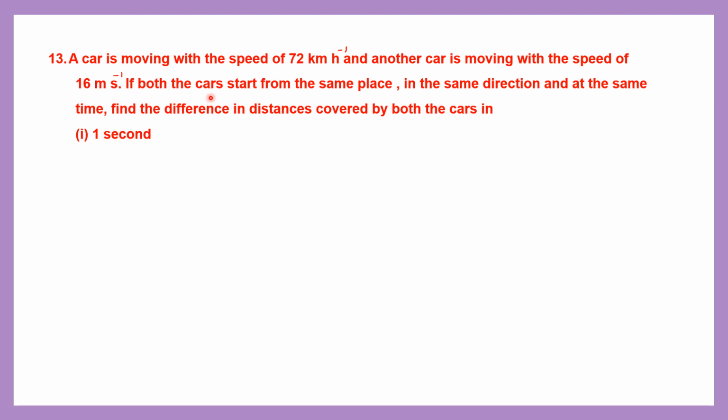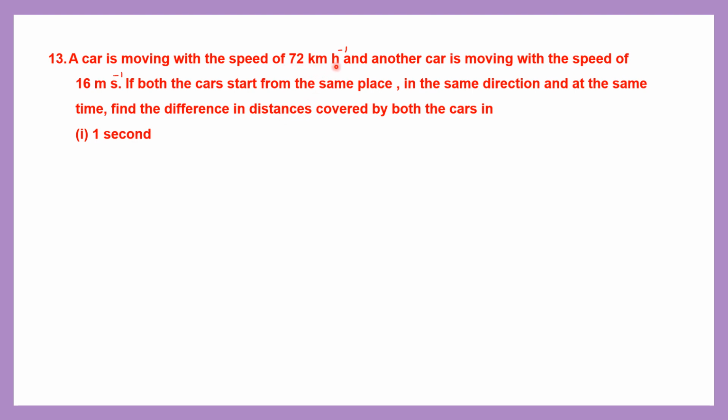If both the cars start from the same place, in the same direction and at the same time, find the difference in distances covered by both the cars in 1 second. So here we have to find the difference in the distances and here we've been given 1 second. So what is given to us? Speed is given to us and time is given to us. We have to find the distance.